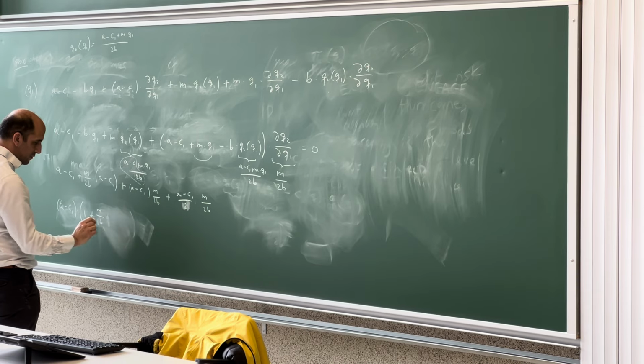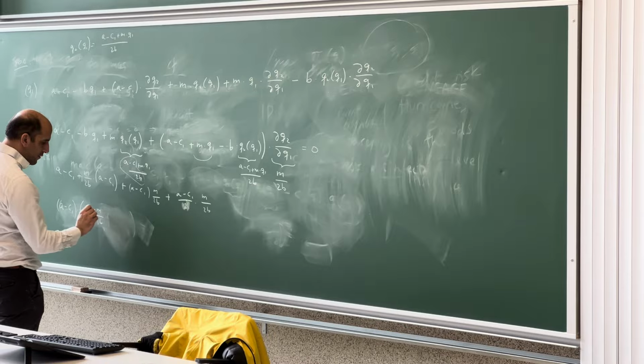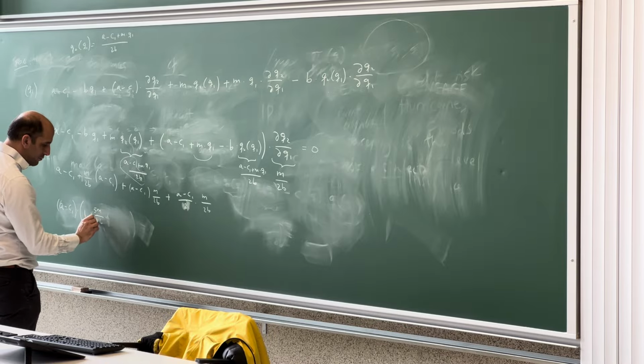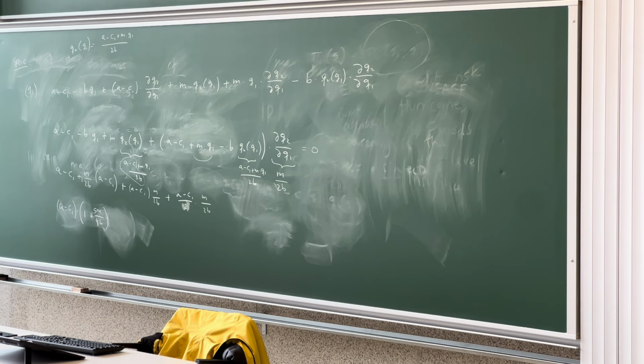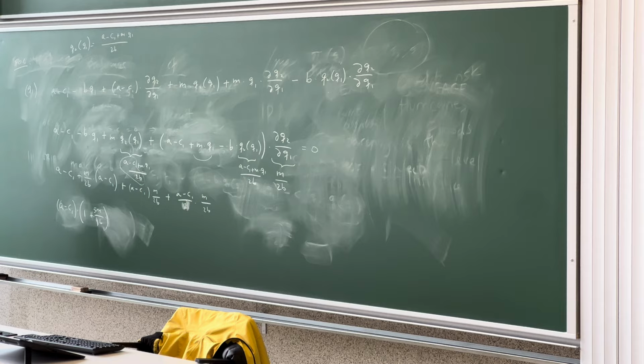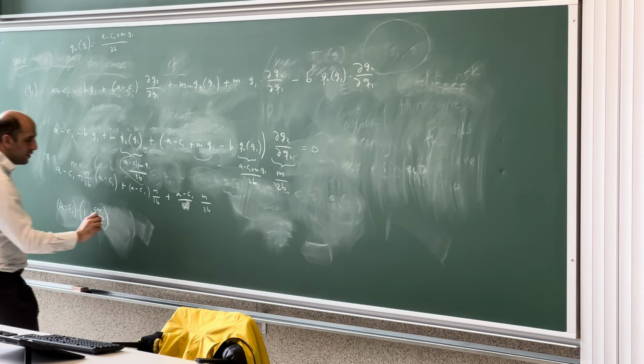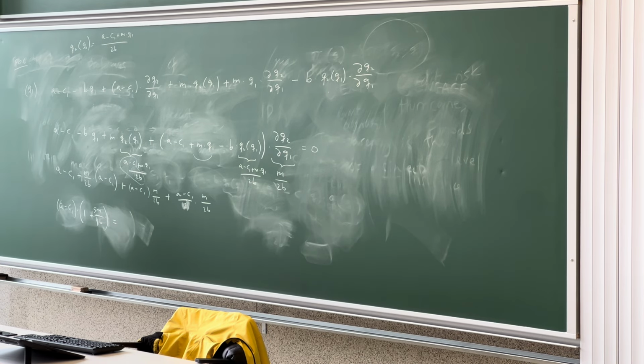So it's 5m over 4b. That's what I get. That's correct? Yeah. Okay, let's continue. We made a mistake, but we're okay.